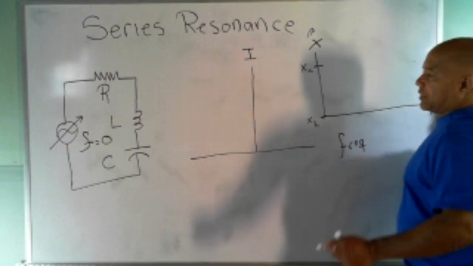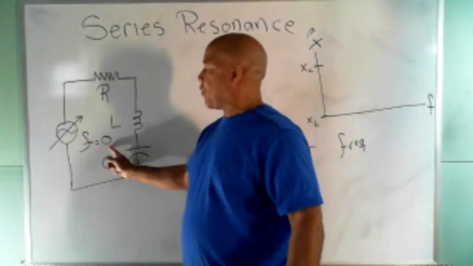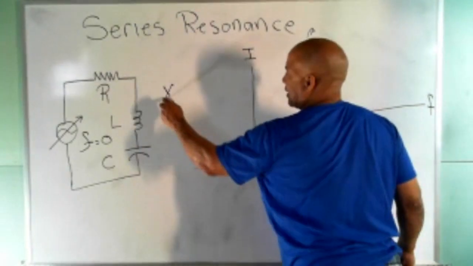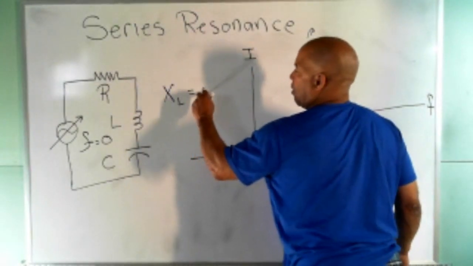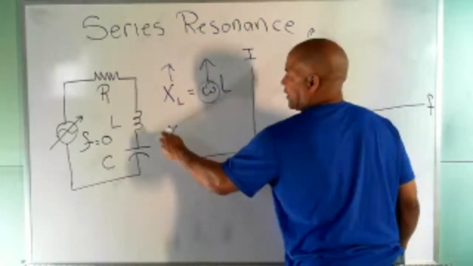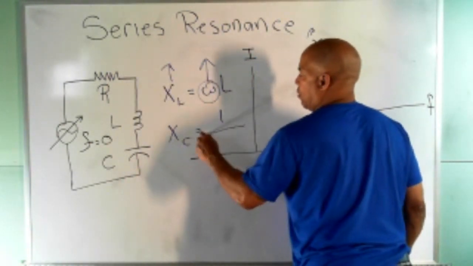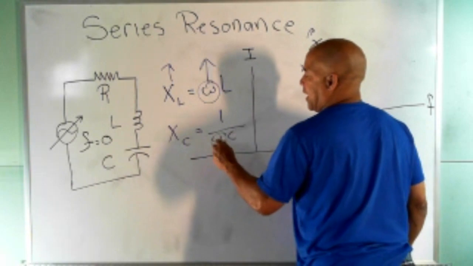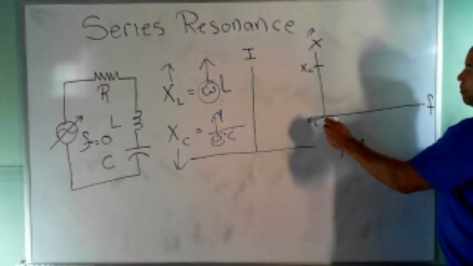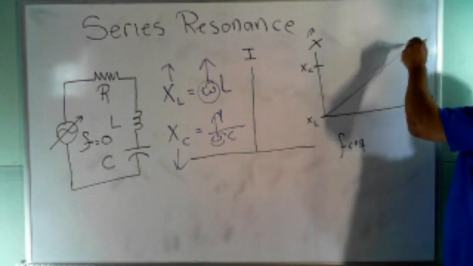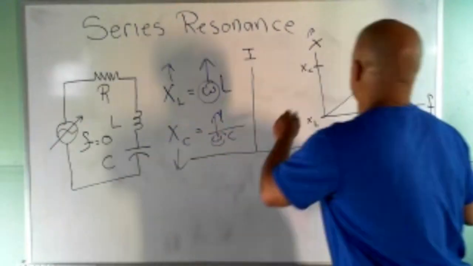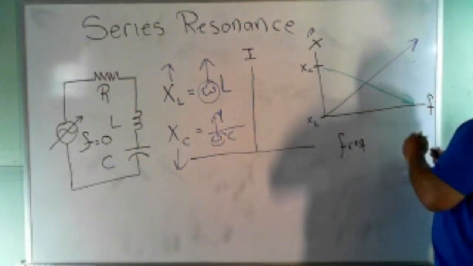And as I turn the knob and start to increase the frequency, because XL is omega L, and I increase that frequency, this is going to go up. While XC, since it's equal to 1 over omega C, as I increase this frequency, that's going to go down. So this is moving up like that, and XC is moving down like that.